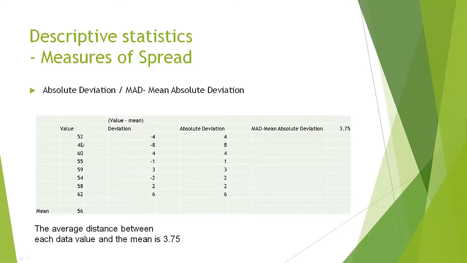If you take each value minus the mean, you get these numbers. I've illustrated it in an Excel-like scenario so that you can easily understand. The absolute is just truncating the minus sign. Mean absolute deviation, you just take the mean of it. So that is how you get 3.75.